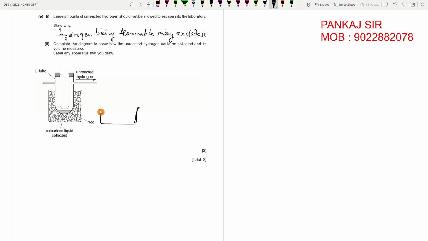And there's an arrangement of a crucible over here. From here, I'll take a rubber tube which is passing through this crucible.